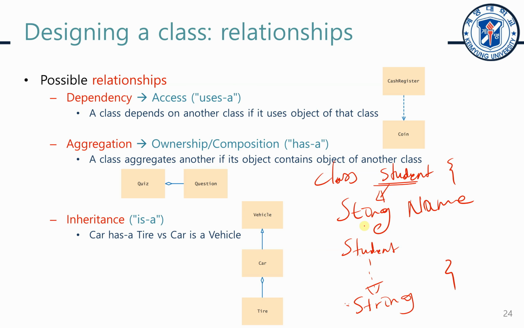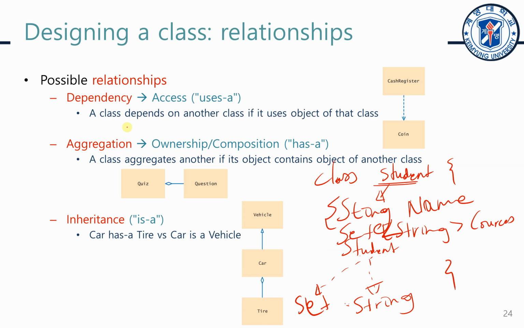Or maybe you can have a set of string for courses. Student now also depends on the set class. So this relationship between the new class you are trying to create and the classes that already exist is a dependency relationship, and a class depends on another class if it uses an object of another class.